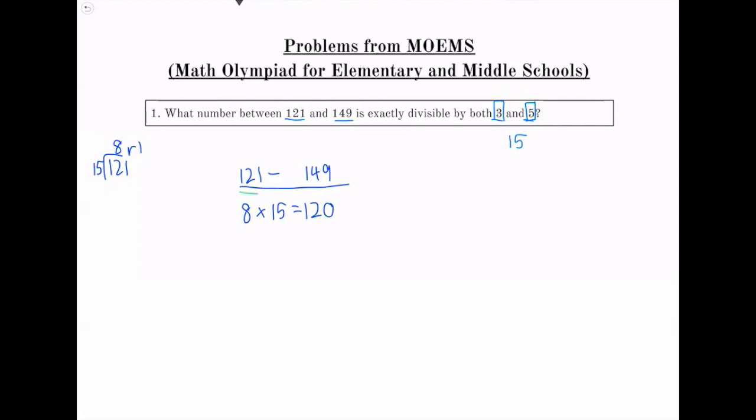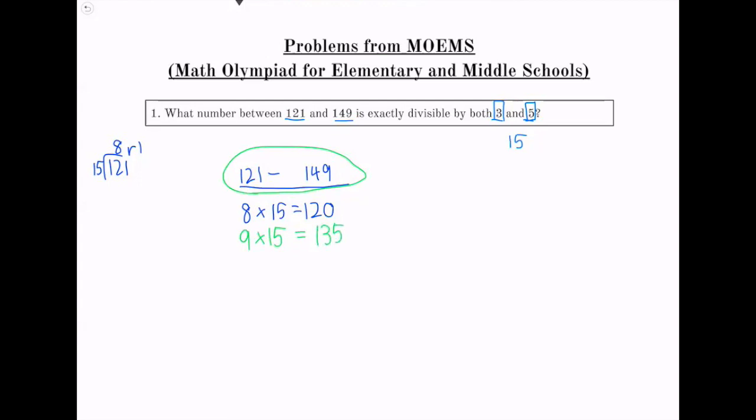So 8 times 15 is just going to be a little bit below 121. Maybe if you make it a little bit bigger, it'll fall into our range. So what if you make it 9 times 15? 9 times 15 is 135.